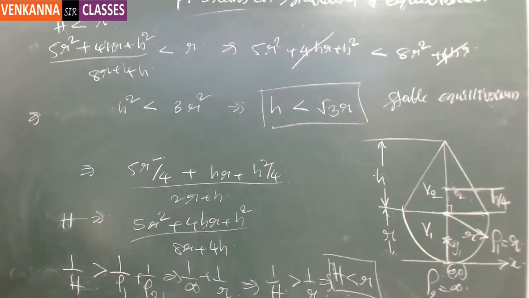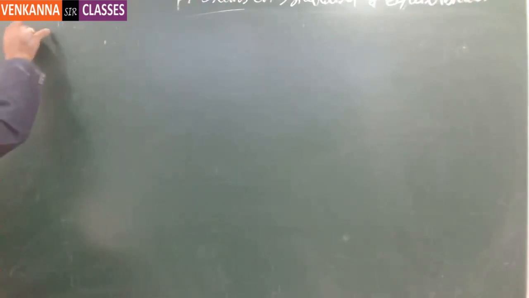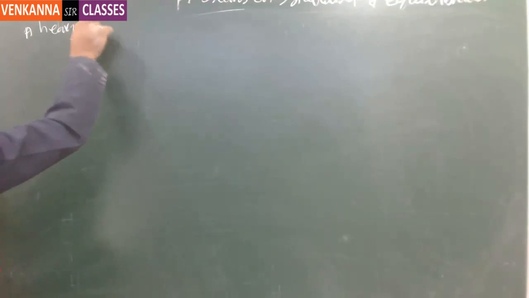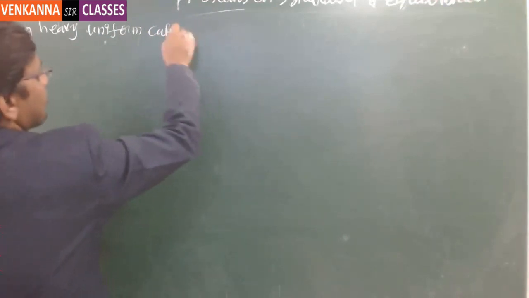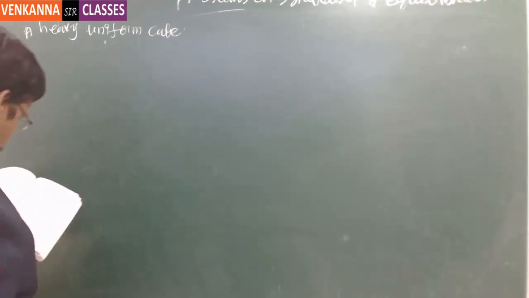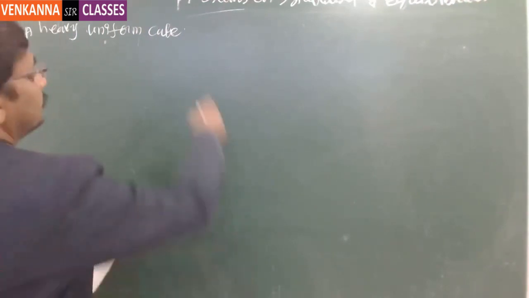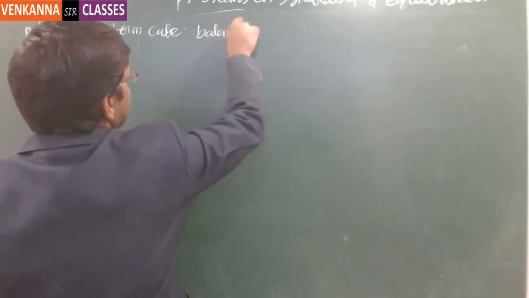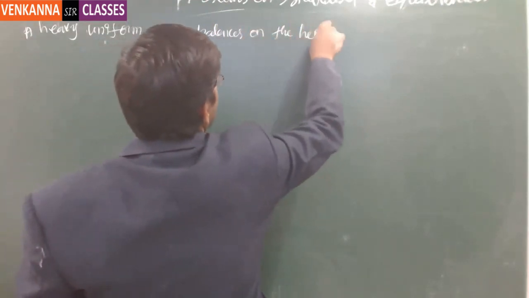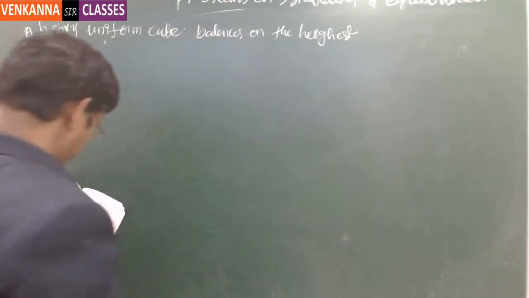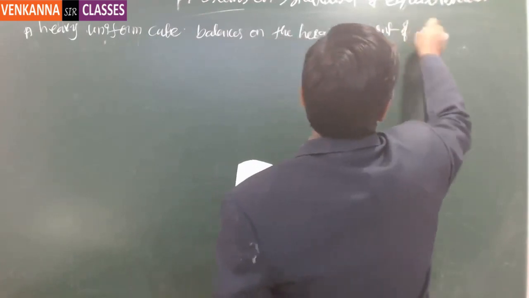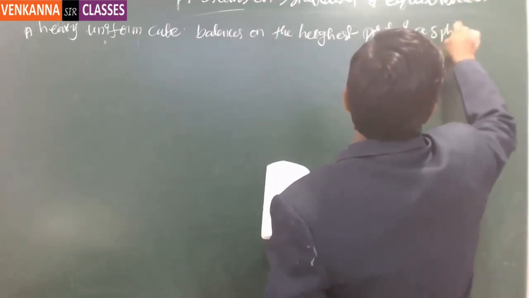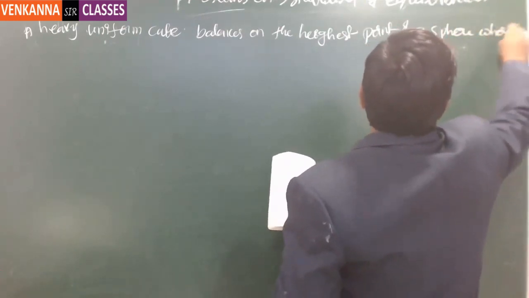Note down one more. A heavy uniform cube balances on the highest point of a sphere whose radius is r.